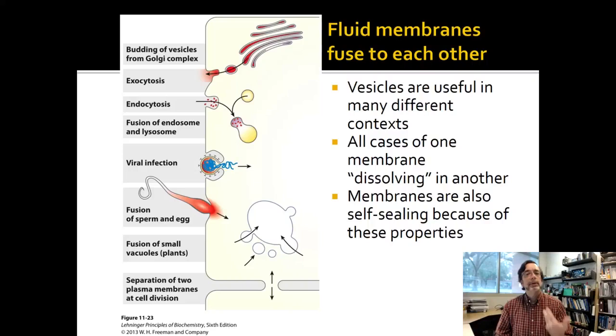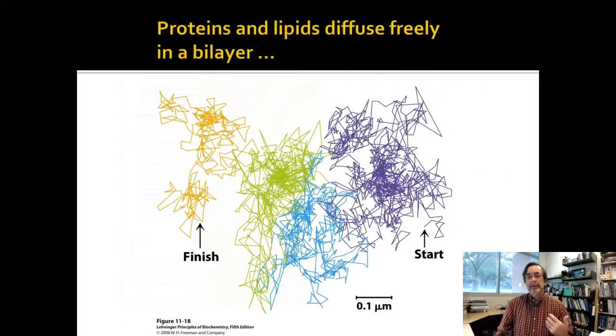All of these have to do with the membrane being a fluid the way it is. These all come down to when you join 2 membranes together, they dissolve into each other, right? That's what happens when you have a fusion event. Also, if you poke a hole in the membrane, it will seal it up because of these properties. Membranes are very cool materials if you really look at them.